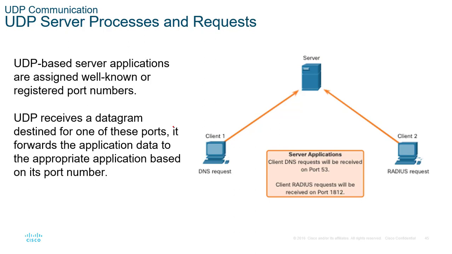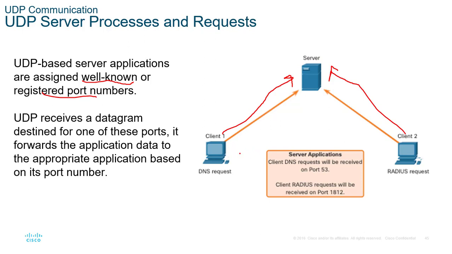However, what is consistent between TCP and UDP is that when the clients establish a connection with the server, two hosts are communicating, client to server in this case, that will utilize port numbers. And those well-known or registered port numbers will typically be your destination port numbers.